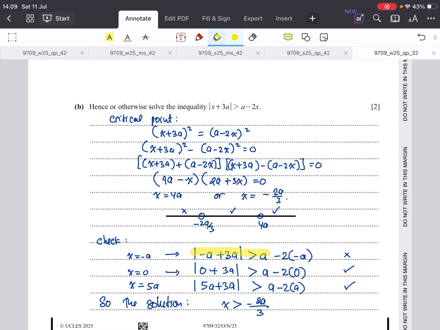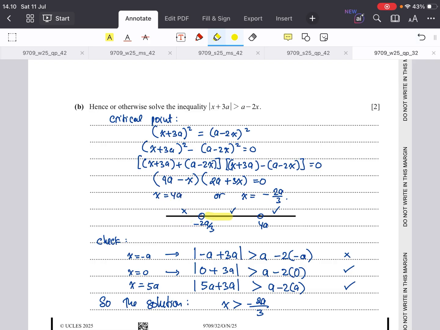So it becomes this one. If we solve this one, when x equals negative a, this inequality is not satisfied because 2a is not greater than 3a. So this region is wrong.